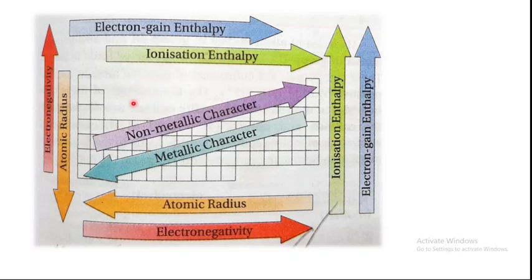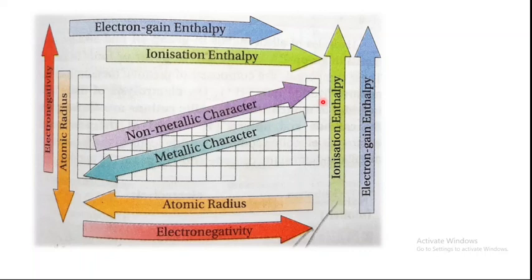So this is ionization enthalpy. It increases along the period because the size of the element decreases. As the size of the elements decreases, the nucleus attracts the electrons more strongly towards it. So the necessary energy for the removal of the electron is greater.